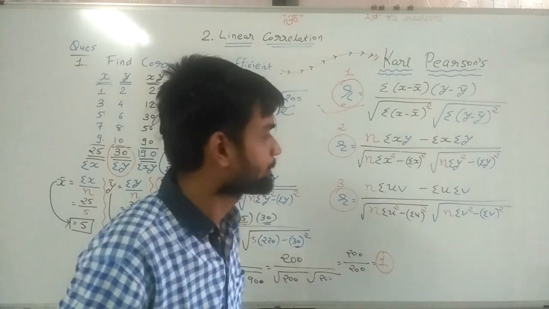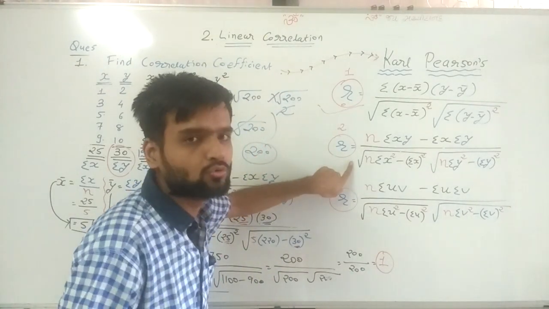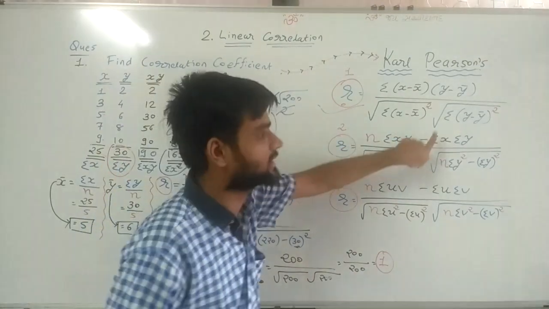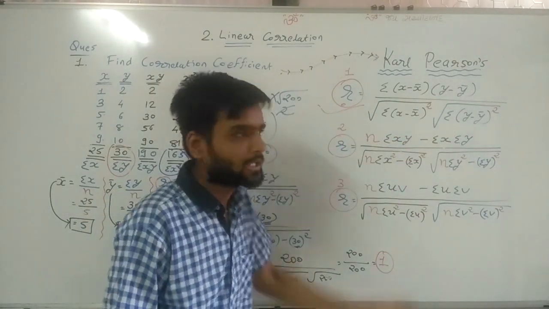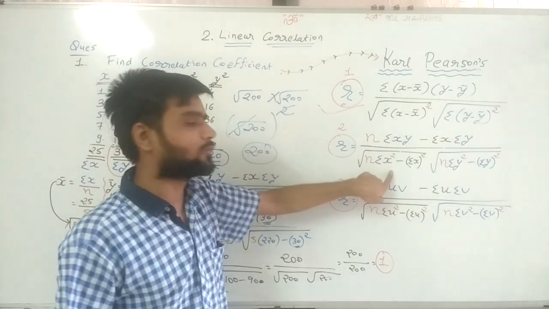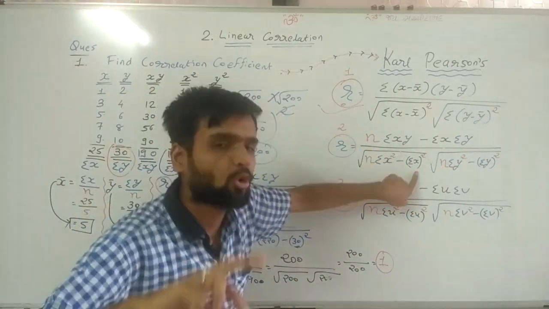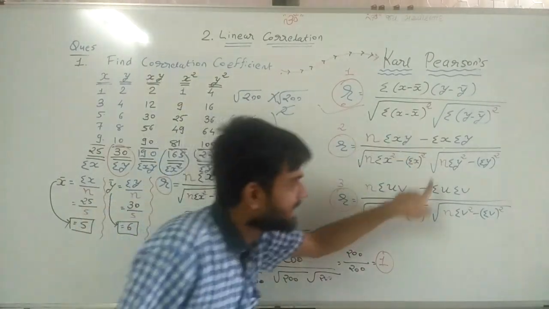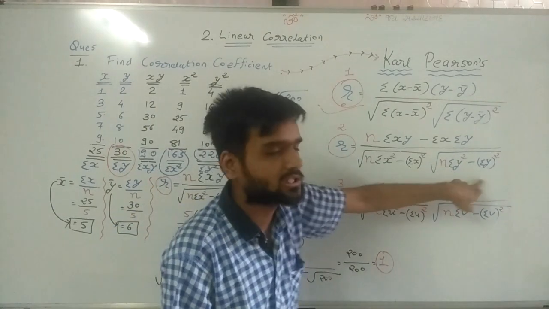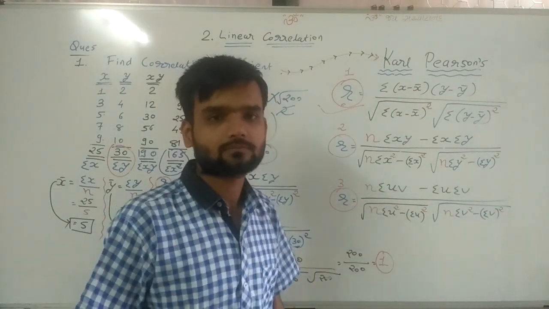Second formula: r is equal to n sigma xy minus sigma x sigma y divided by under root n sigma x square minus (sigma x) whole square, second under root n sigma y square minus (sigma y) whole square.